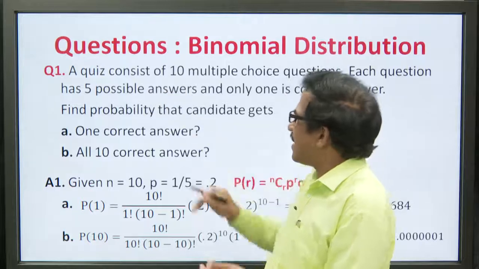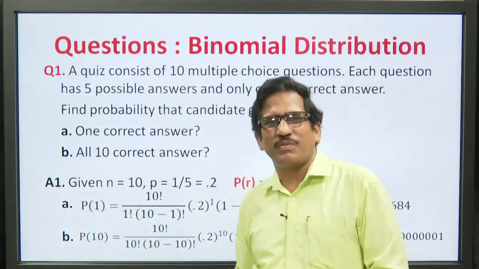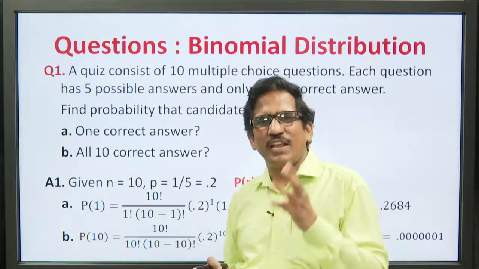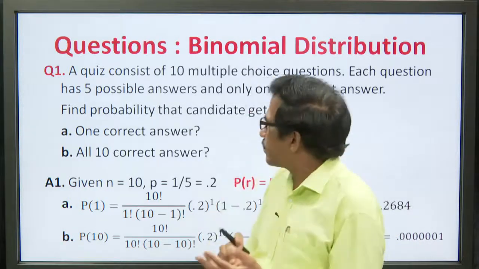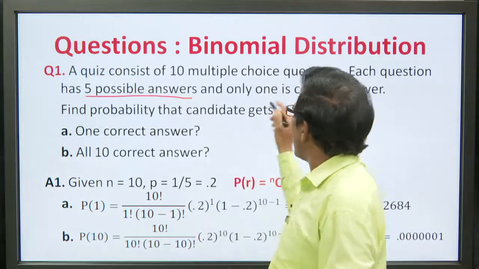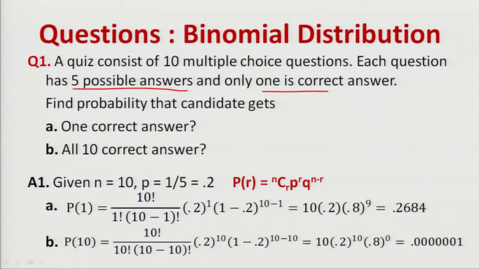You are appearing in an objective type question set in which every question has 5 answers, and out of these 5 answers, 1 answer is correct. There are 10 questions given to you. What is the probability that exactly 1 of your answers is correct?